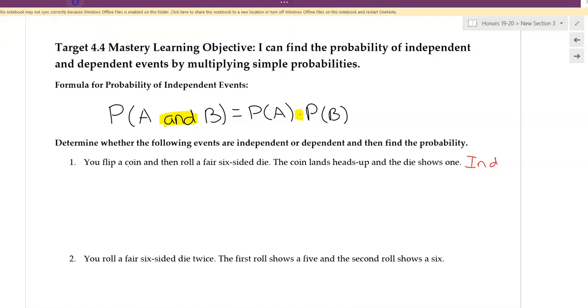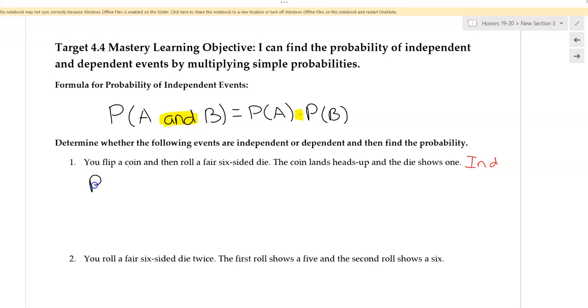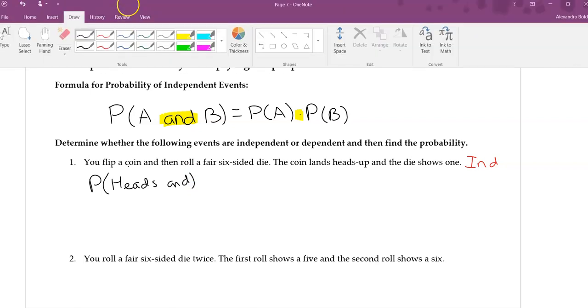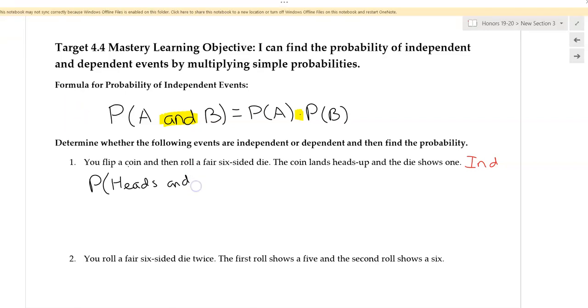So the probability of heads and the die shows 1. Well, I'm going to multiply them.